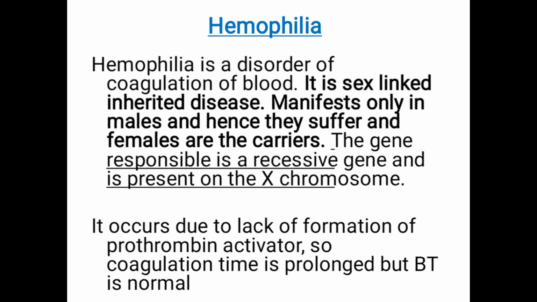So here the main cause is a lack of formation of prothrombin activator due to deficiency of two clotting factors. One is clotting factor 8 and the other clotting factor 9.